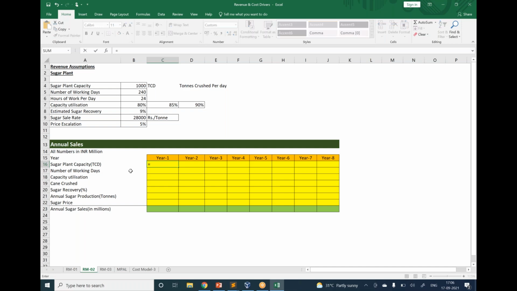Okay, so the capacity is 1000. This will remain the same for all the years. Number of working days is 240, 24.